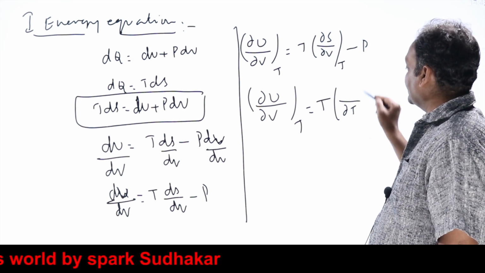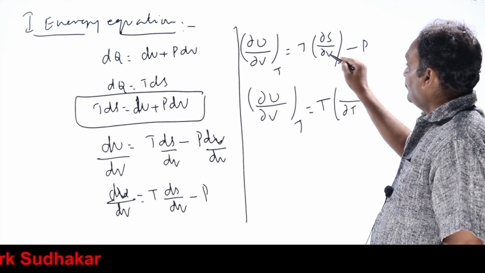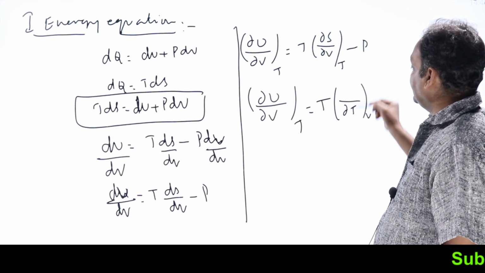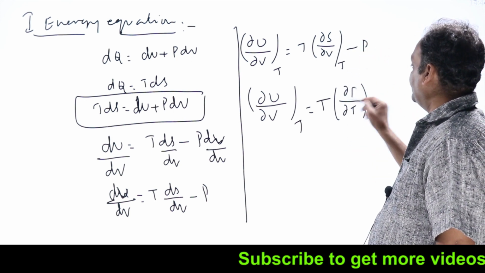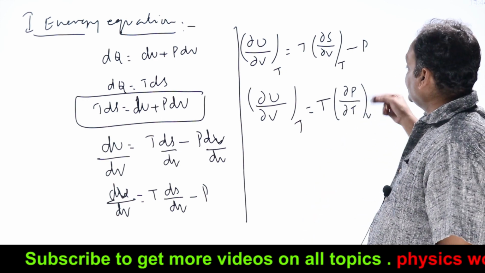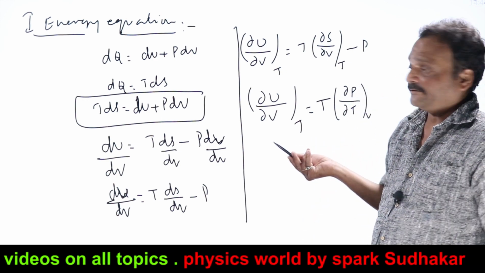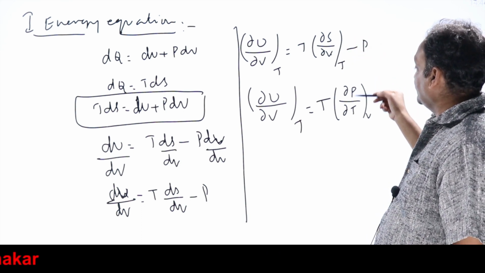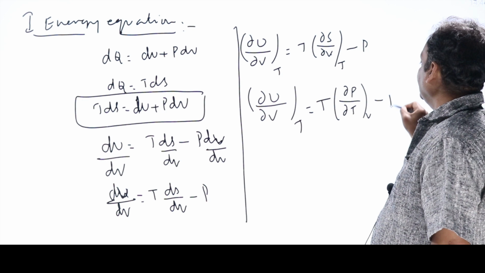T is constant here, so it goes in the denominator. Volume is in the denominator, so that becomes constant here. Only pressure is left out, dou P. Since the P by T term is there, the sign is positive. So dou S by dou V at constant T equals dou P by dou T at constant V. Therefore dou u by dou v at constant T equals T into dou P by dou T at constant V minus P.